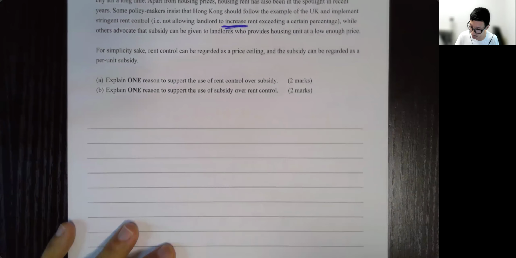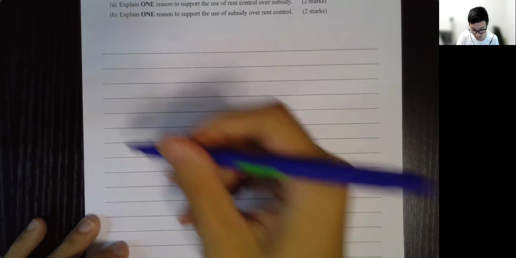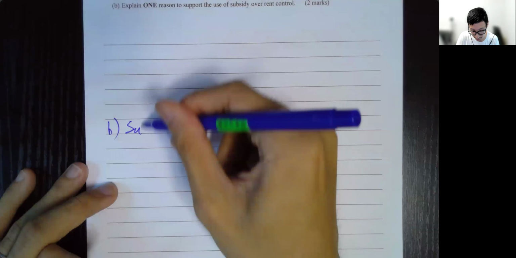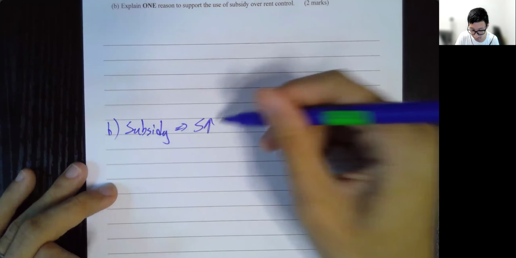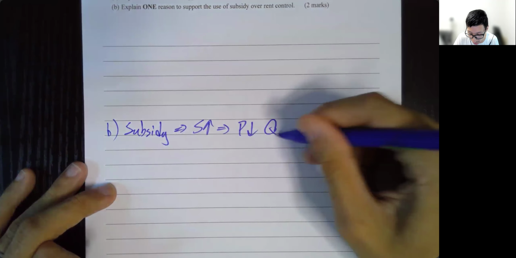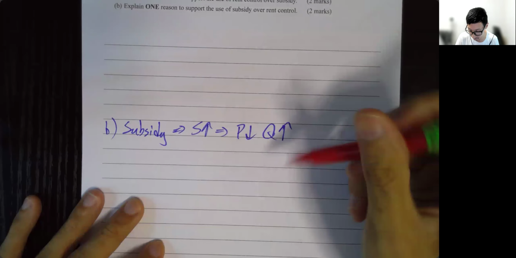OK, now as we all know, actually let's answer B first. B, you should already know the answer. Just now we have done it, right? Remember, subsidy will increase the supply, which means both price decrease and quantity increase. Now, this is the main point.